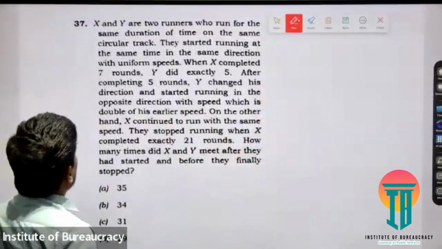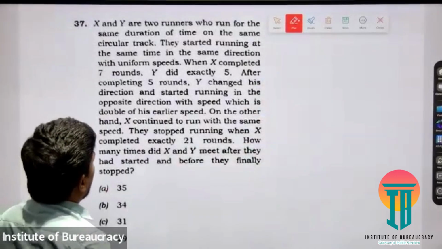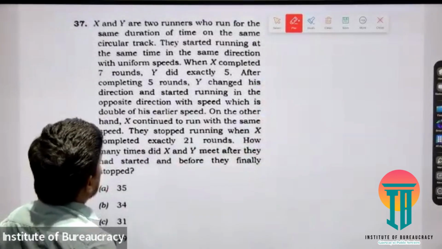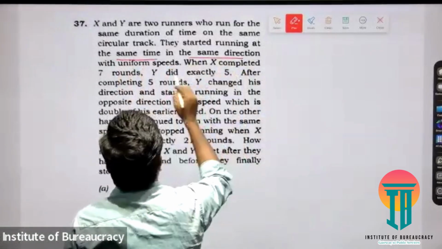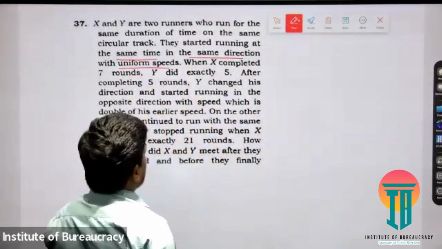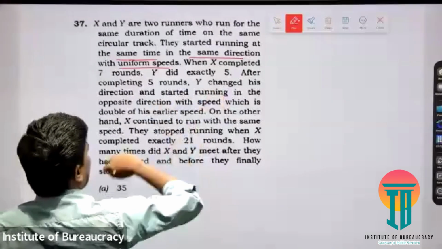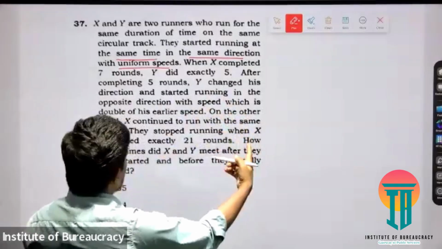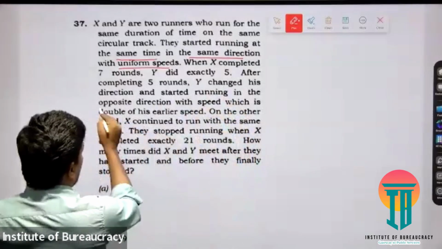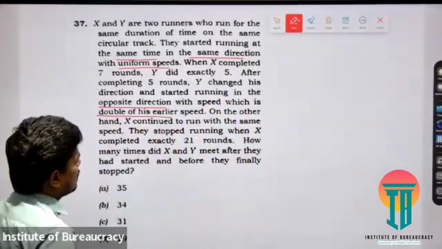Let's take this question. X and Y are two runners who run for the same duration of time on the same circular track. They started running at the same time, in the same direction, with uniform speeds. When X completed 7 rounds, Y did exactly 5 rounds. After completing 5 rounds, Y changed his direction and started running in the opposite direction with a speed double of his earlier speed.